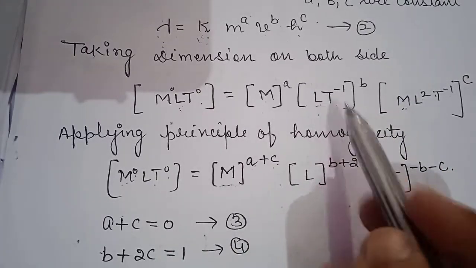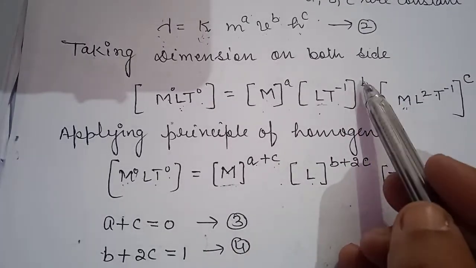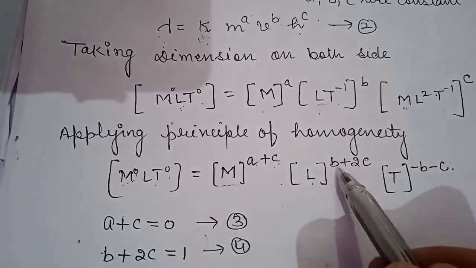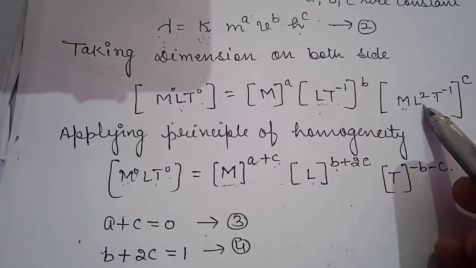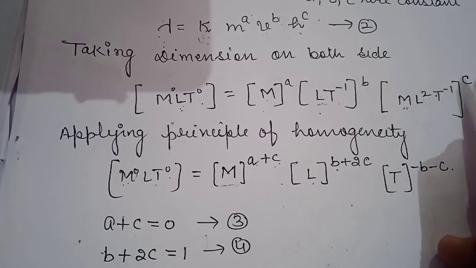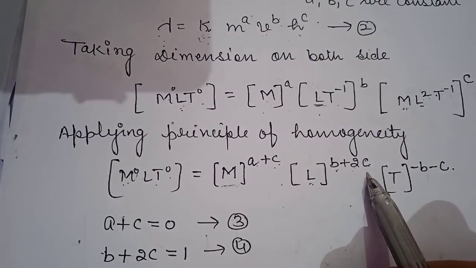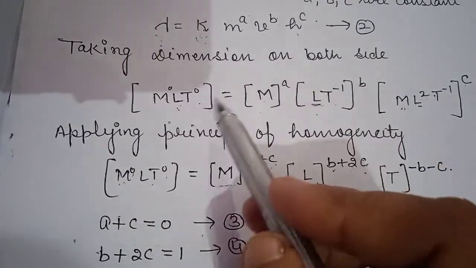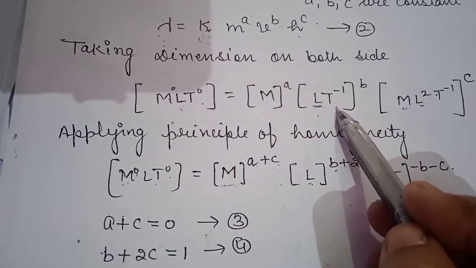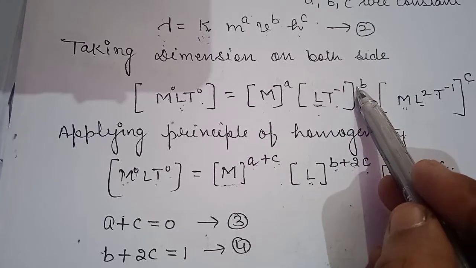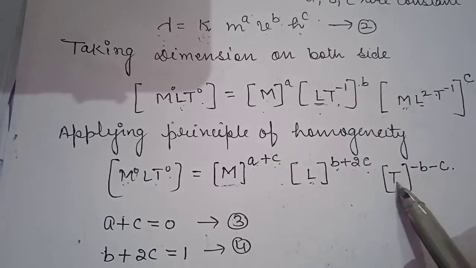For L, the powers are b and 2c, so we get b plus 2c. For T, the powers are minus b and minus c.